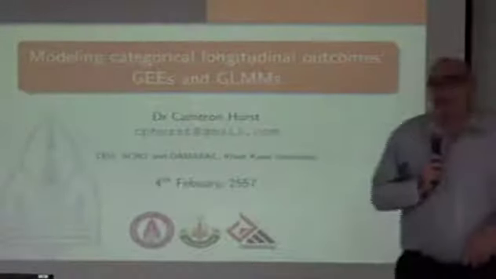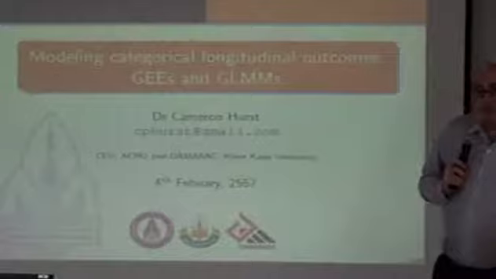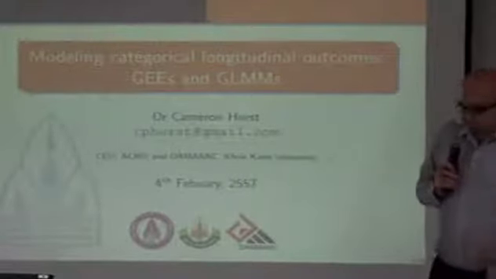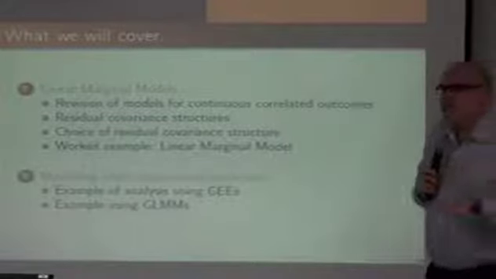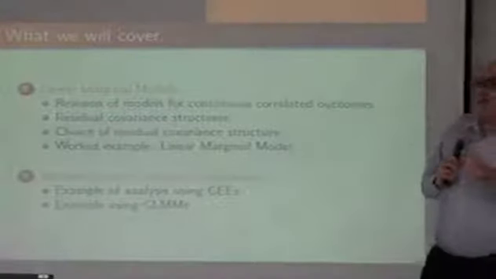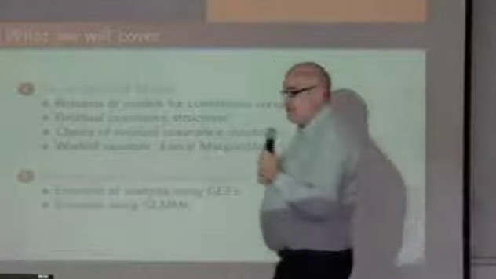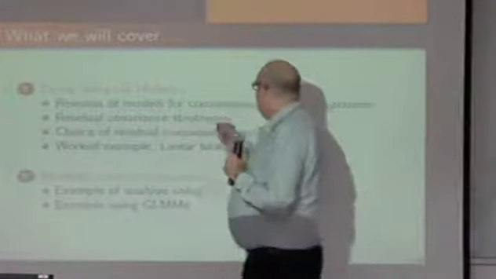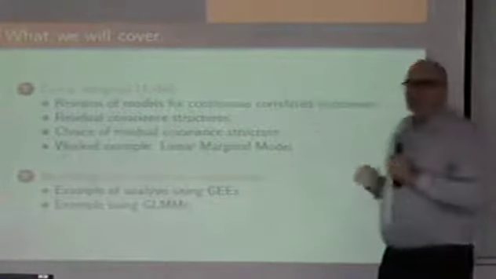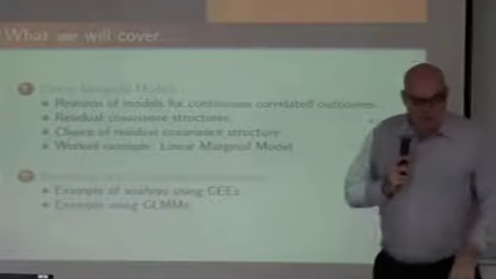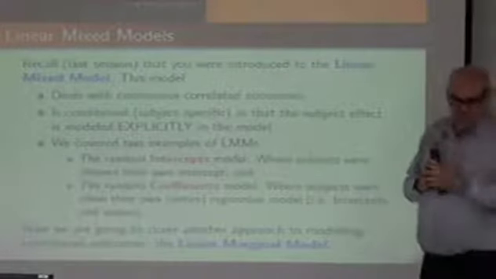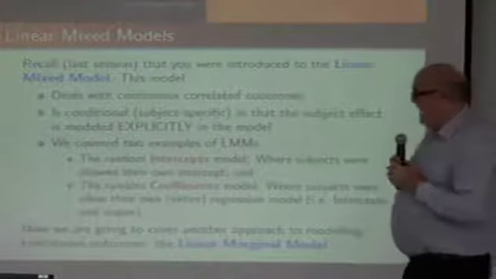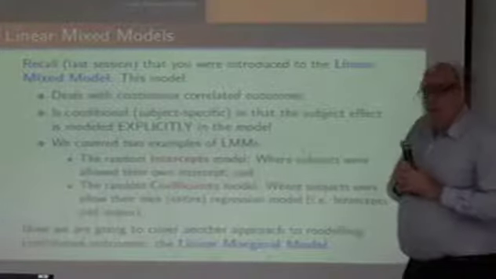As I've mentioned before, I'm going to talk about marginal models now, which is a different way of thinking. And because you will normally have had an hour's break between these two lectures, I would spend a little bit of time actually revising the linear mixed model, but I'm not going to do that now because you covered it about 5 minutes ago. But remember what we're doing.